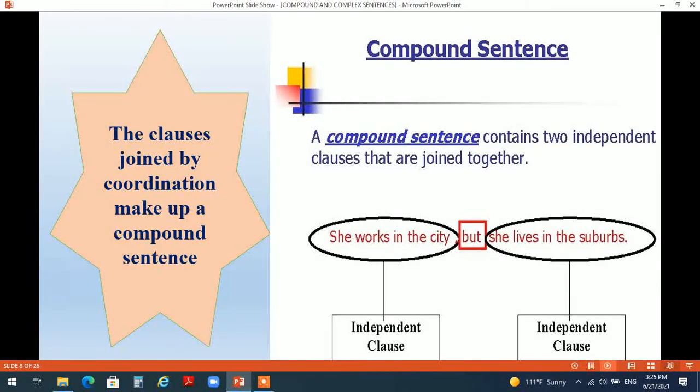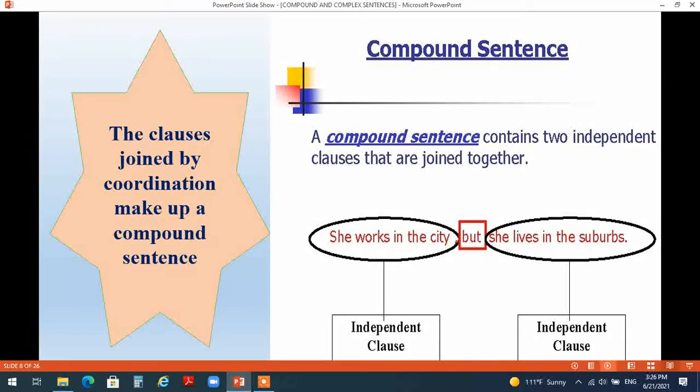So a compound sentence contains two independent clauses that are joined together. إذن الجملة المركبة تحتوي على عبارتين فعليتين مستقلتين ترتبطان معا باستخدام إحدى أدوات الربط التناسقية اللي هي coordinators. فمثلا في المثال أمامنا: she works in the city but she lives in the suburbs. نلاحظ هنا عندي two clauses or two simple sentences which have been linked or connected through the usage of the coordinator but, because but is a coordinator.